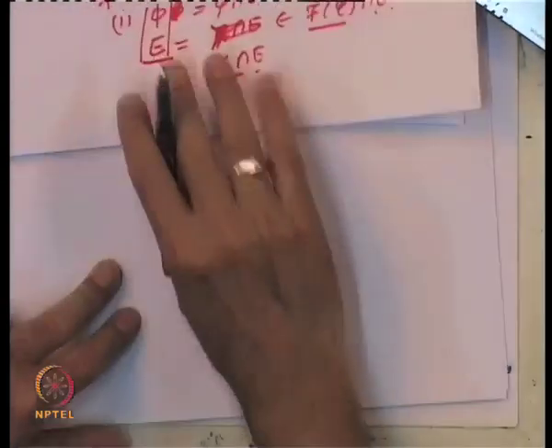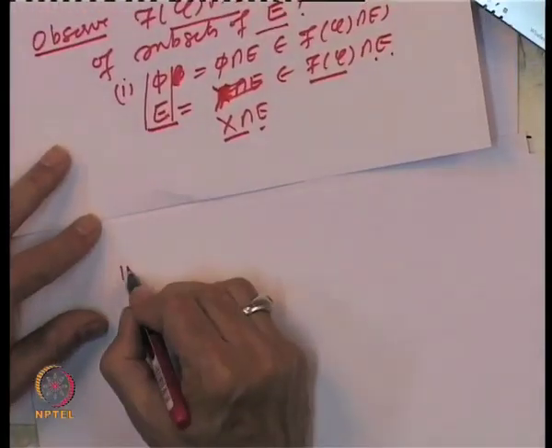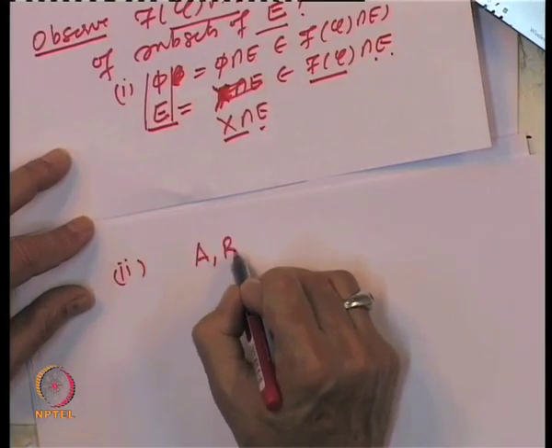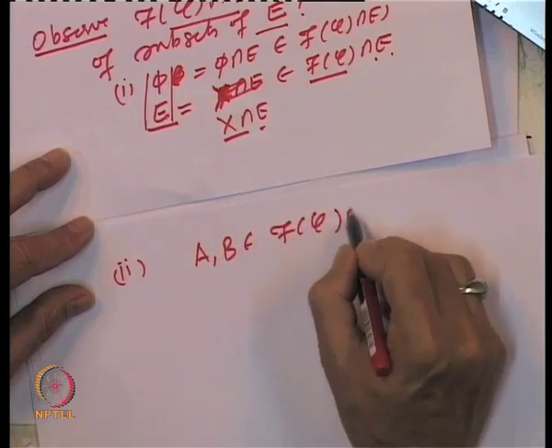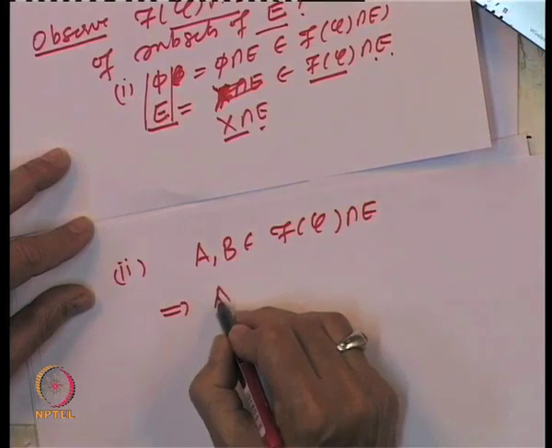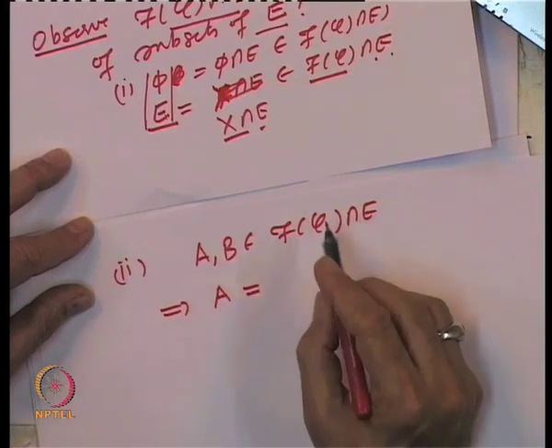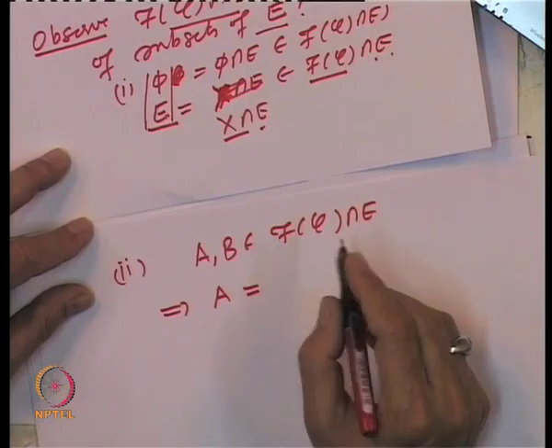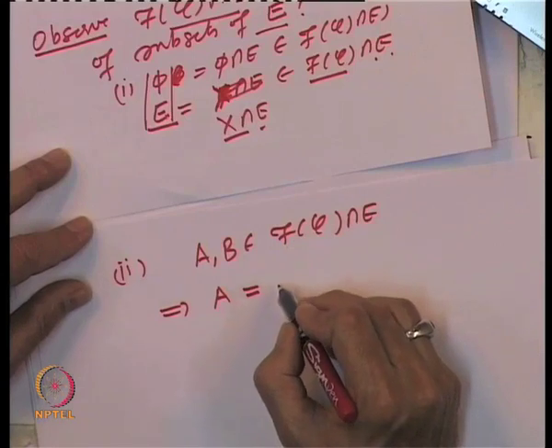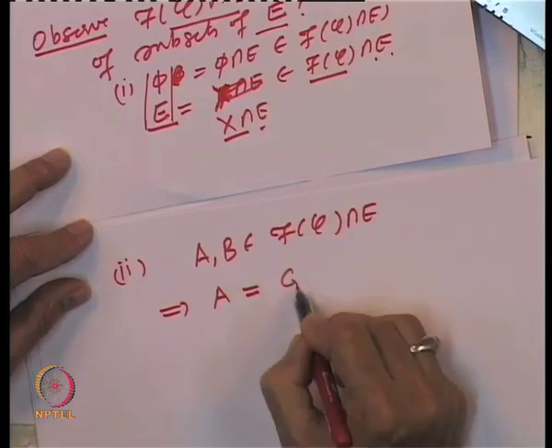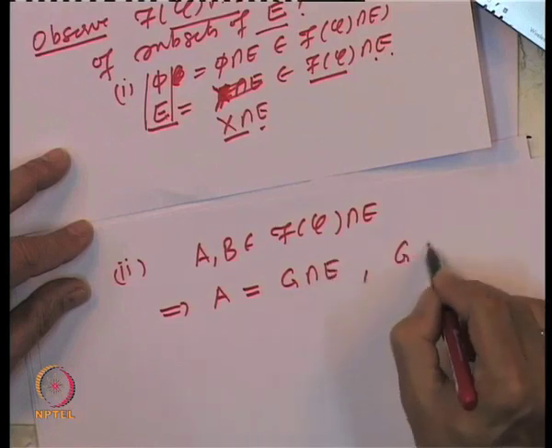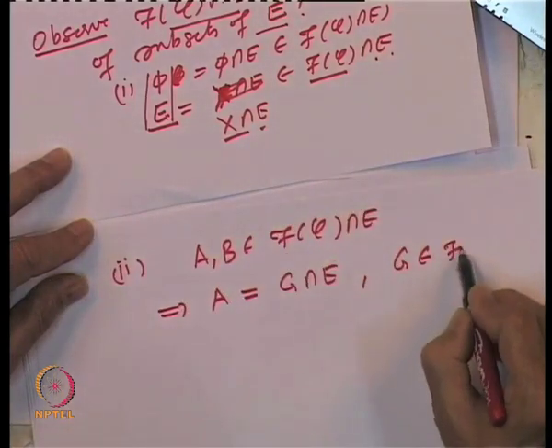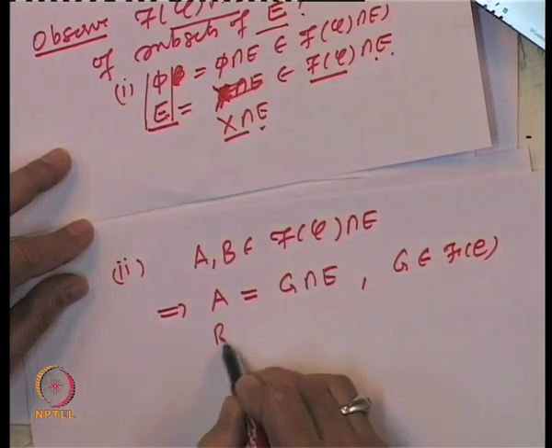What is the second observation? Let us take two sets A and B belonging to F of C intersection E. That means A can be written as some set G intersection E, where G belongs to F of C, and B is also in this.